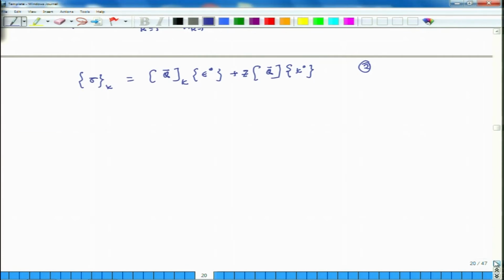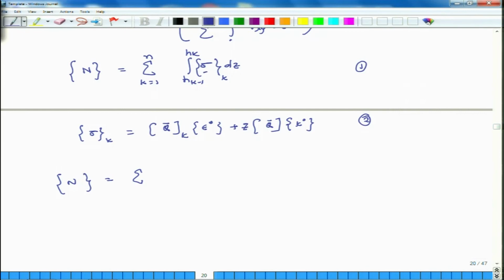So, combining 1 and 2, what we get is the vector N, which is Nx, Ny, Nxy. This is equal to the summation of, so what I am doing is, instead of sigma I am putting this entire thing here. Okay. So, what I get is summation k is equal to 1 to n, and Q bar matrix is common, so I take it out. Epsilon naught is also constant along the thickness of the plate, so that also I can pull it out.